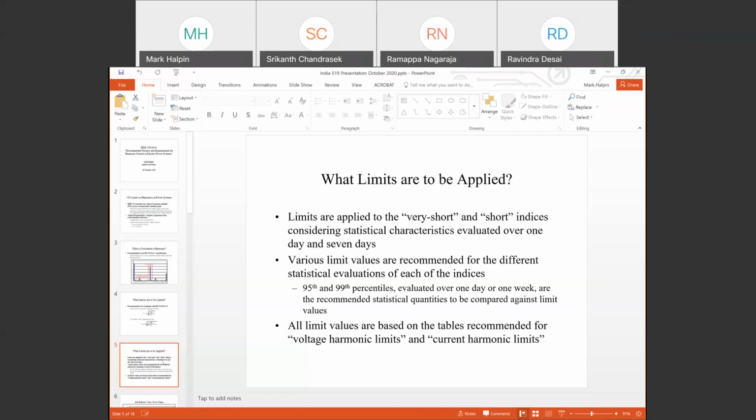We're going to look for the 95th and the 99th percentiles over those days and weeks, and it's those percentiles that are compared against the limit numbers given in the various tables. And of course, everything that I'm describing applies to both voltages and currents.